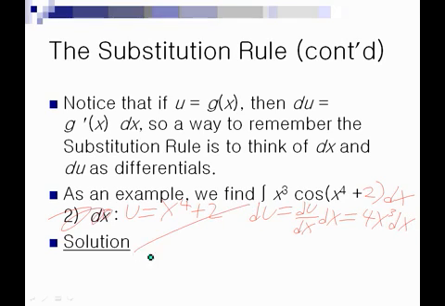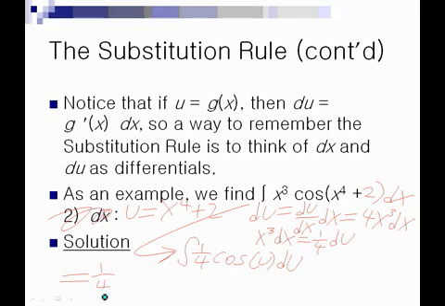So now this integral will transform into the integral of, and note that x cubed dx will equal 1/4 du. So now we'll get 1/4 cosine of u du, which has the antiderivative of 1/4 sine of u plus some arbitrary constant.